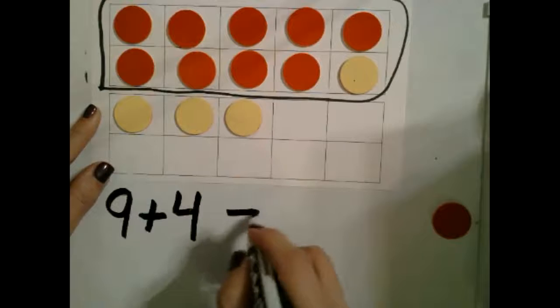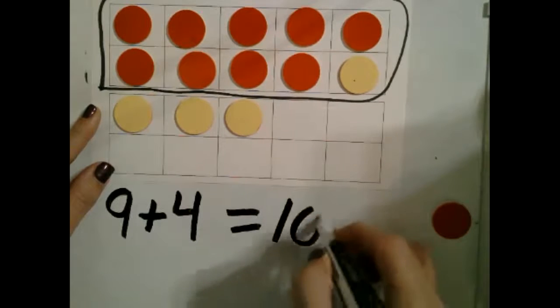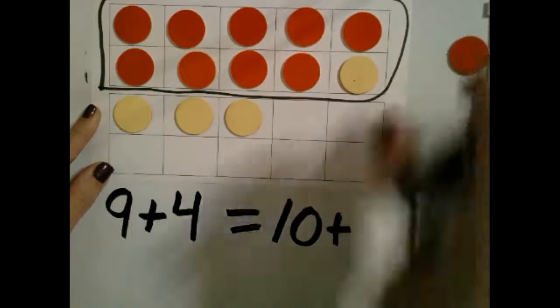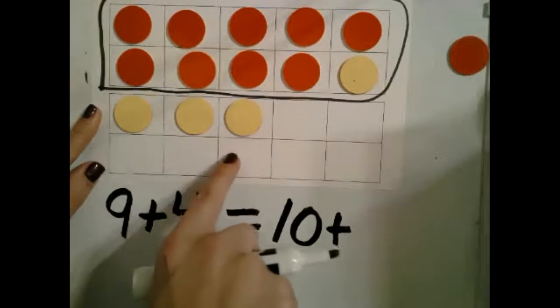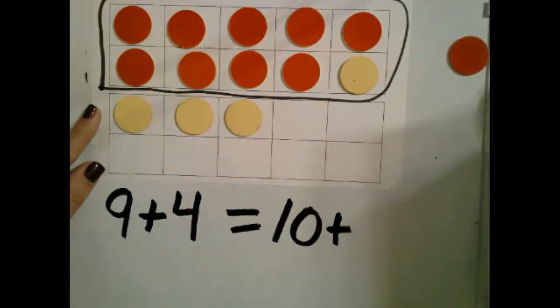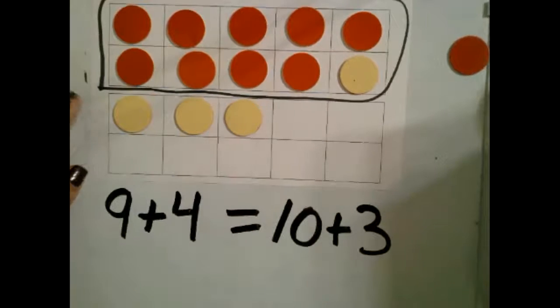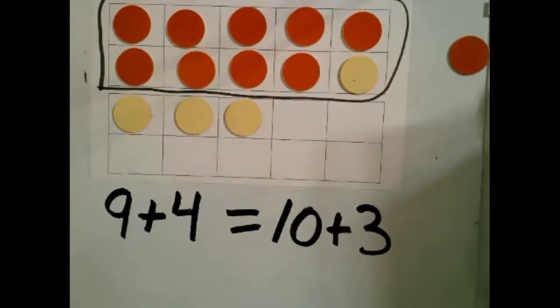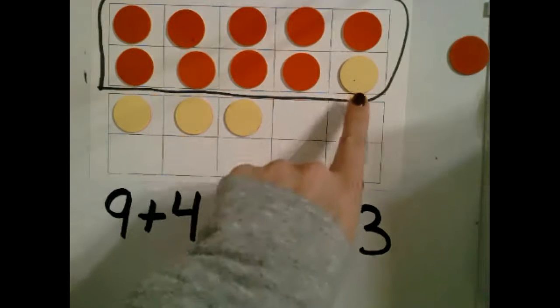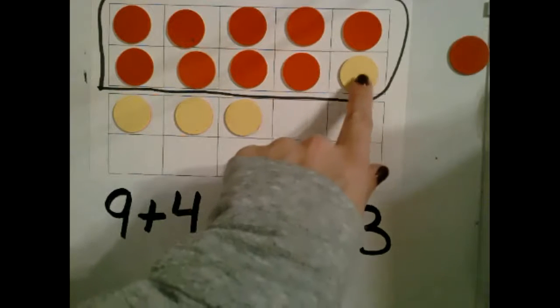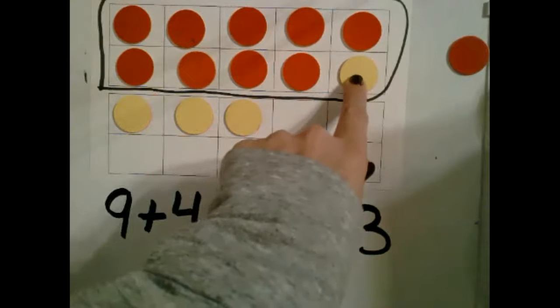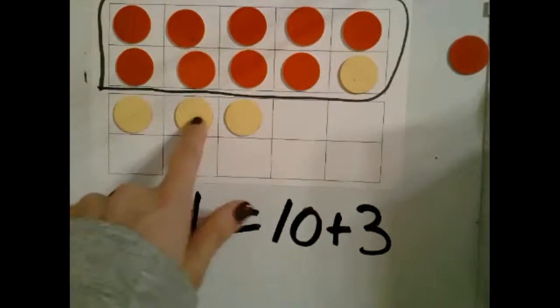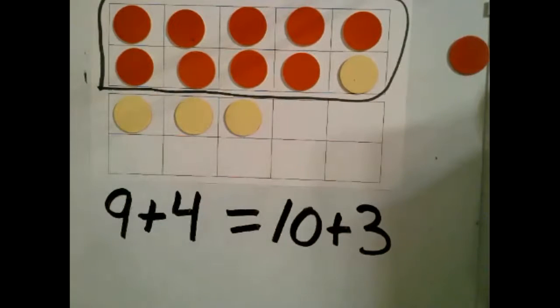So I have 10 plus, how many's down here on the second 10 frame? 3. Now, did I take any counters away? No. I just made sure that as I filled them in, I filled in whatever was left in the first 10 frame before I started filling in the second 10 frame.